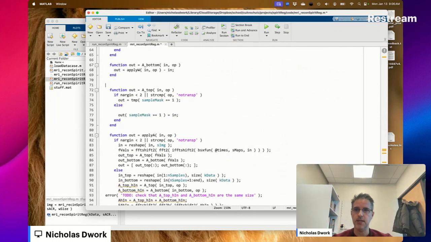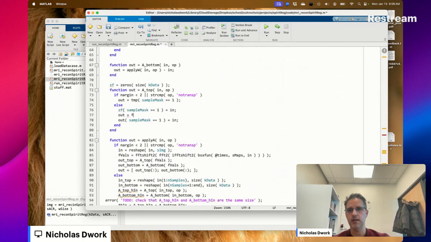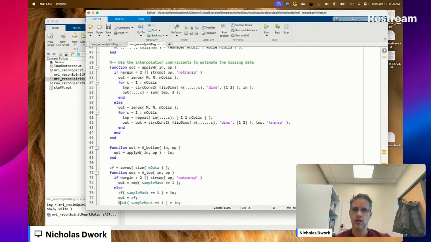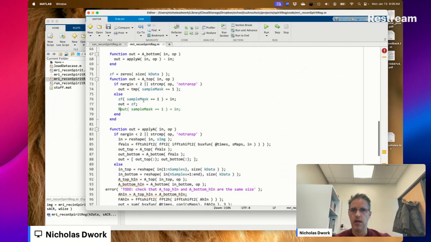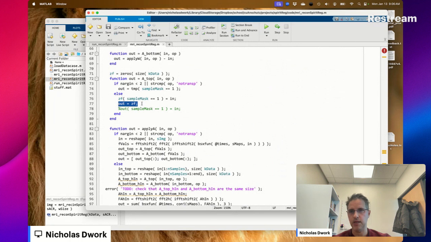I could do this, but then I have to do this, and this is a memory allocation and a copy.